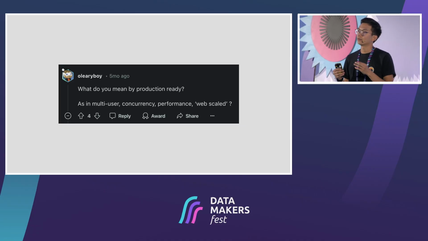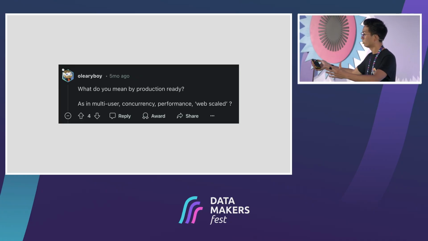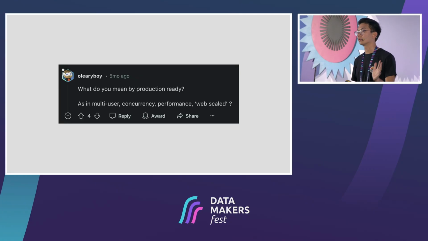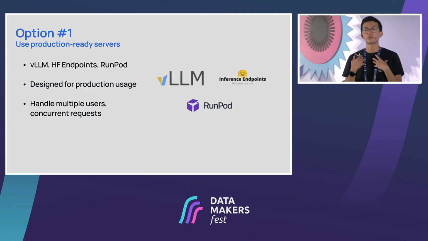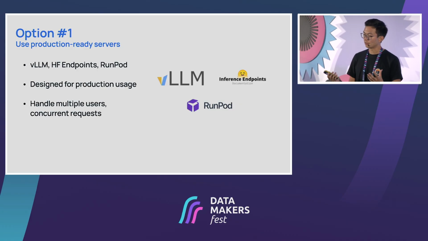So one thing to note here is that scale is quite situation dependent. For the sake of the talk, let's say we have deployed our app in the wild, but we don't know if it's web scale or not. If we have our own deployments, we can use a production-ready inference server.